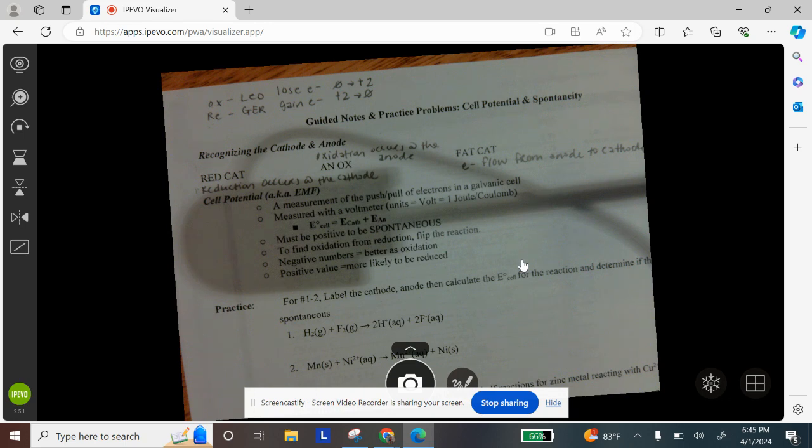All right, so let's take a look down here at some other terminology they have. So cell potential, aka EMF. EMF stands for electromotive force. You don't necessarily have to know that, but I'm just telling you what that is. And we're trying to be able to measure the push and the pull of electrons in a galvanic cell. That's what the cell potential is. Do the electrons flow easily, or do they have to be pushed in a certain direction, and how much does that take?